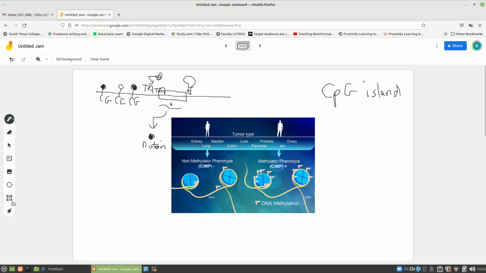This one is unmethylated. So if this one is methylated, it makes it sticky to the histones. That's the way we can think of it. I am simplifying a great deal, but the idea is it gets methylated and therefore it gets sticky.